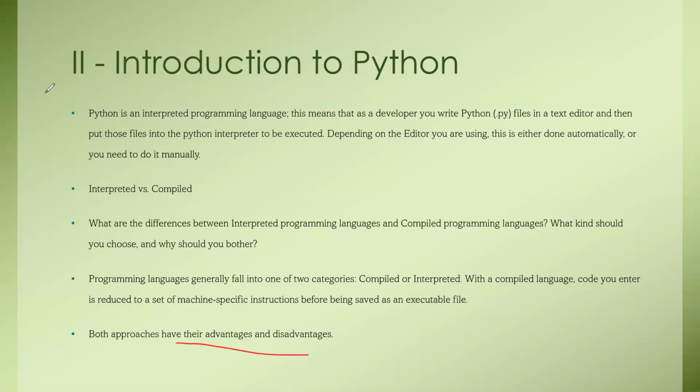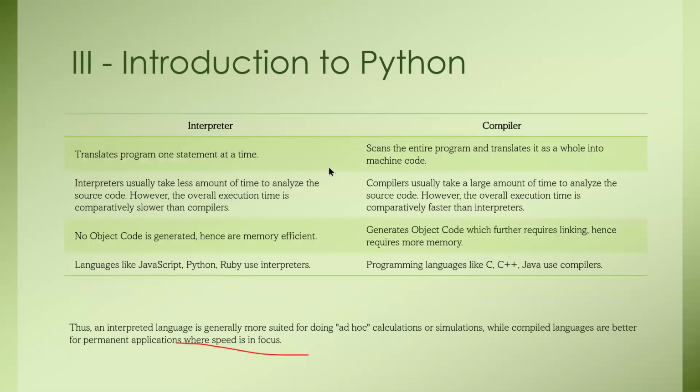When I say interpreter, it translates one statement at a time. For example, consider I have written my Python program. I just saved this program as .py. Hope all are listening, right? Yes. I just saved this file as a Python program, and this Python program can have n number of lines of code.